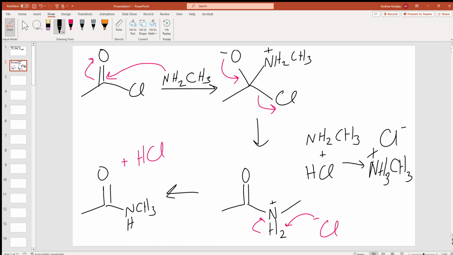Since there's a one-to-one relationship between the reaction taking place and the production of HCl, that means we need twice as much amine as we would normally expect.